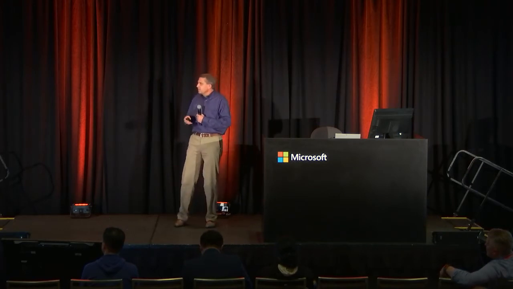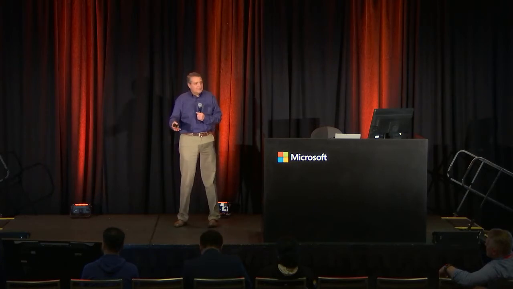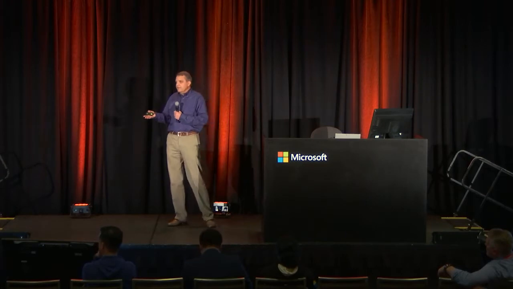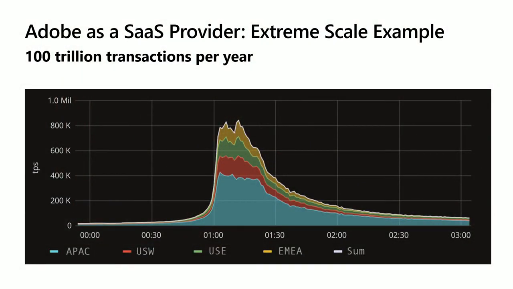Let me give an example of the environment that we work in. This is an example of some extreme scale that we have to deal with from our customer's perspective. Things going along pretty normally, and then some big event happens, whatever that event might be, and the incoming data traffic that we're collecting for our customers spikes immediately, almost vertically.